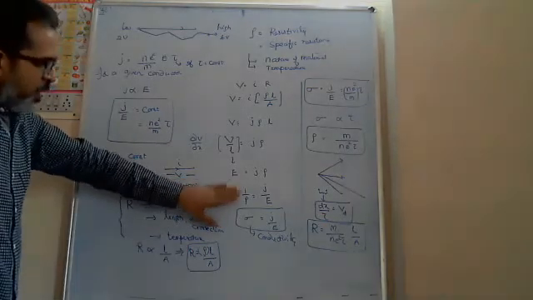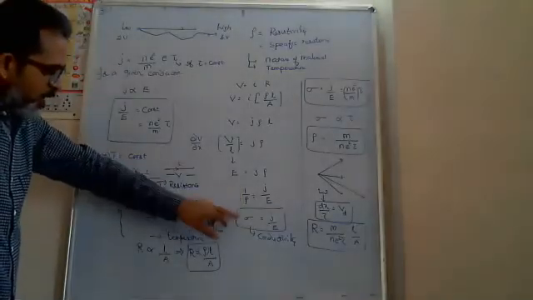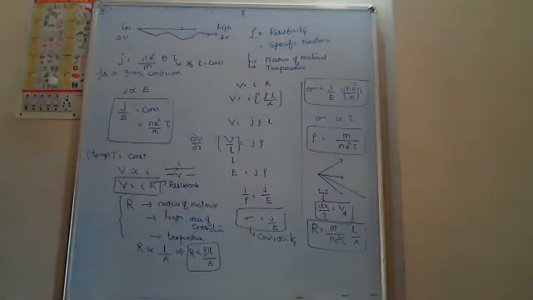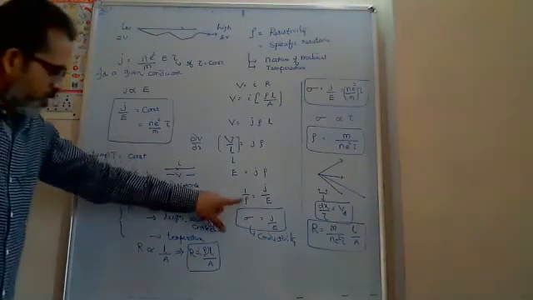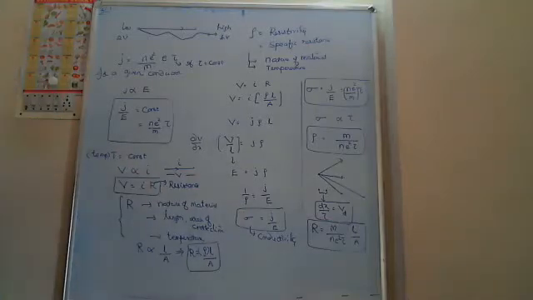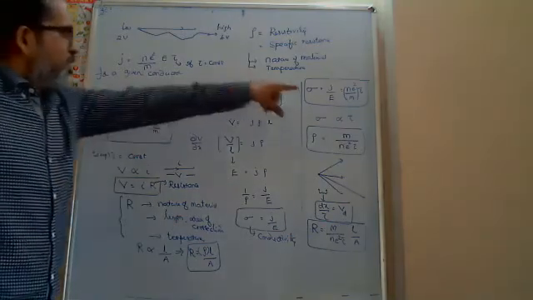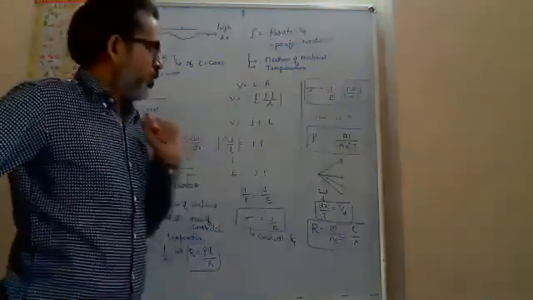Where 1 by rho is what? Reciprocal of resistivity. That is called conductivity. So reciprocal of resistivity is conductivity. That is equal to J by E. That equals, already I calculated, Ne square by m into tau.